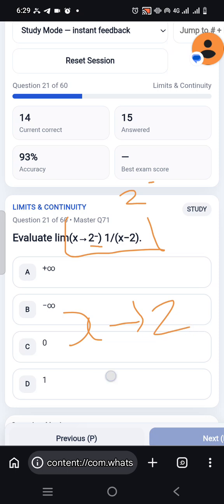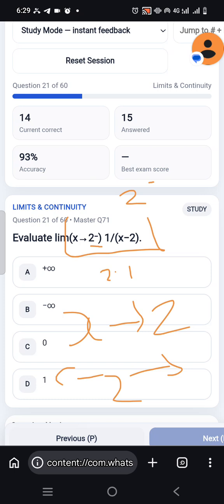It can go in a positive way, and it can go in a negative way. 2 in the positive way means a number close to 2 but in the positive direction, like 2.1, 2.01, like that. And 2 minus is like 1.99, 1.9, numbers close to 2 but going in the negative direction. So you can literally test 1.99 in this case or something like that.